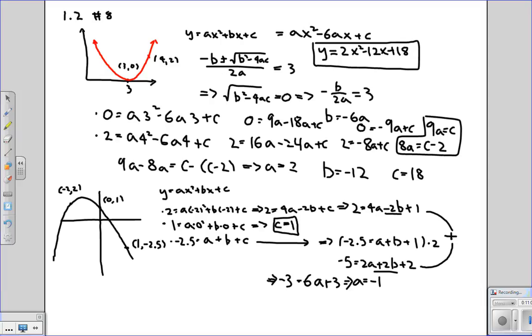And then finally, we need to figure out what b is. Recall, we have this equation. We now know a is negative 1. So that means 2 is equal to 4 times negative 1 minus 2b plus 1. This implies that 2 is equal to negative 4 plus 1 minus 2b.